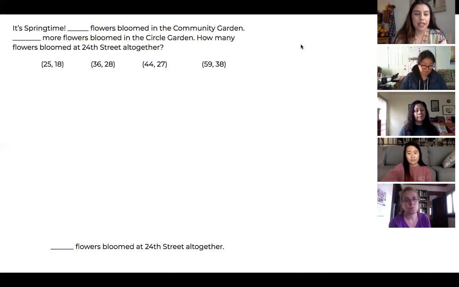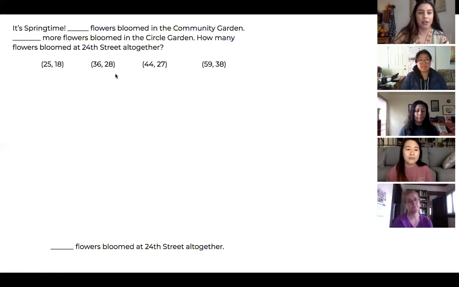Okay, let's take a minute to just look at the number sets we have. We have the number sets 25 and 18, 36 and 28, 44 and 27, and 59 and 38. So I'm going to call on a volunteer to pick a number set we're going to be using today. Would anyone like to pick the number that we're going to be using as a group?